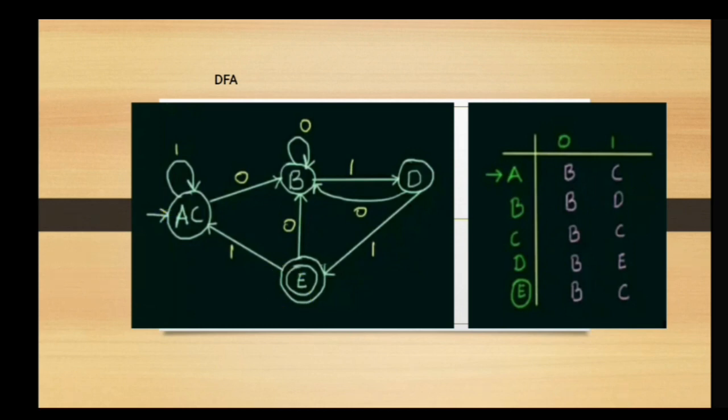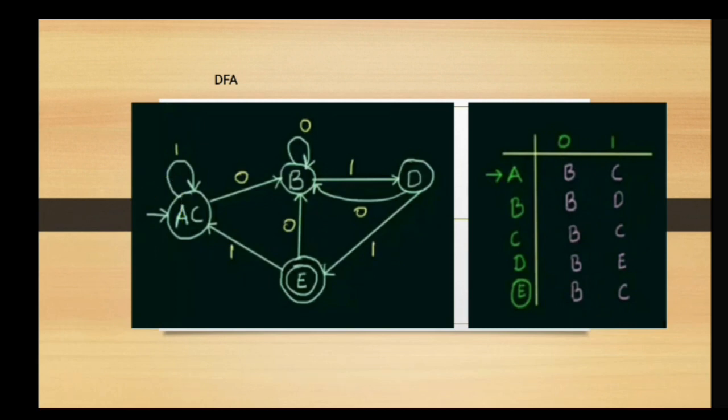Based on the table, AC input 0 goes to B, and AC input 1 goes to itself.